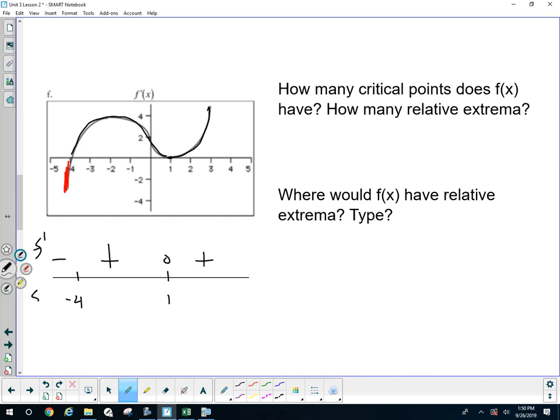So that's telling me F is going down, then up, flattening out, coming back up. I have 2 critical points. But only one extrema.